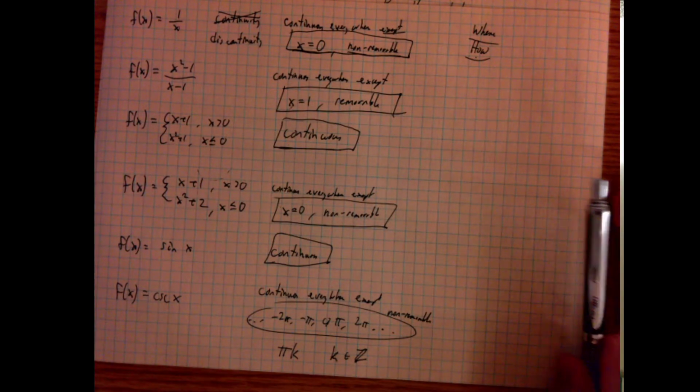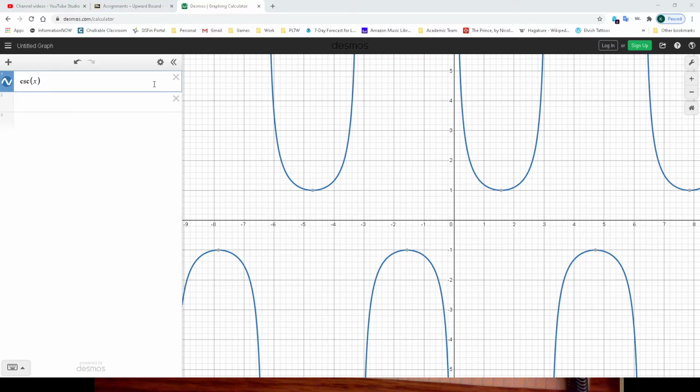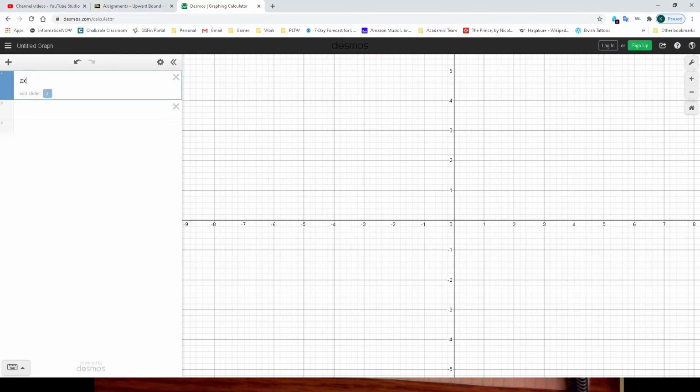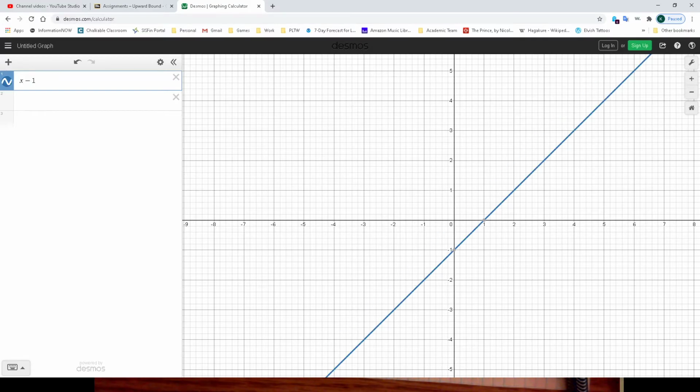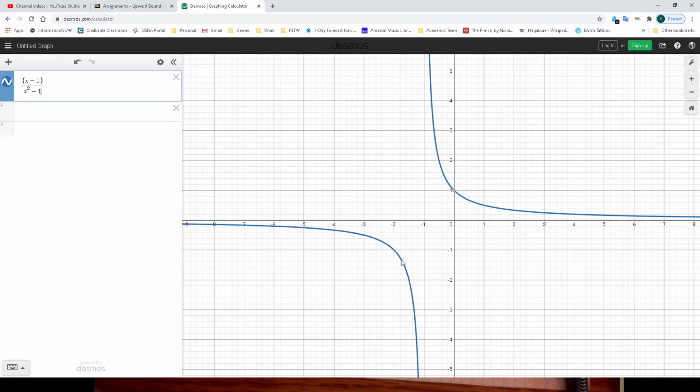Let's look at a function that contains both. In this case, I'm actually going to make a very simple one, very similar to one we've already used. I'm going to make x minus 1 divided by x squared minus 1. You can see how there's clear discontinuity over here at -1.